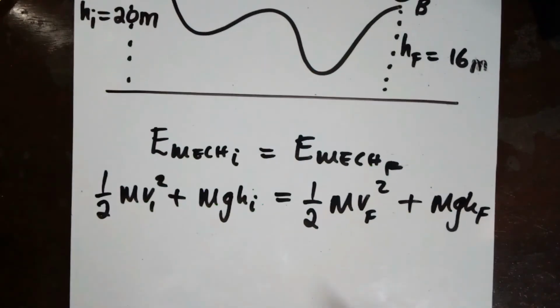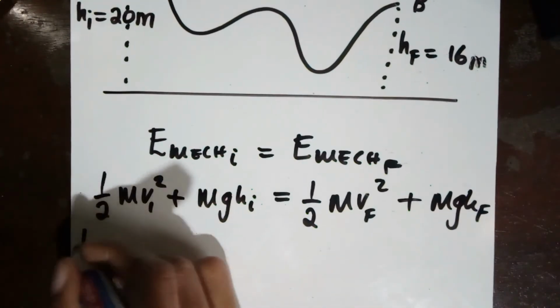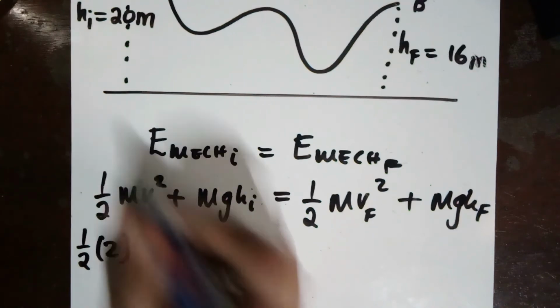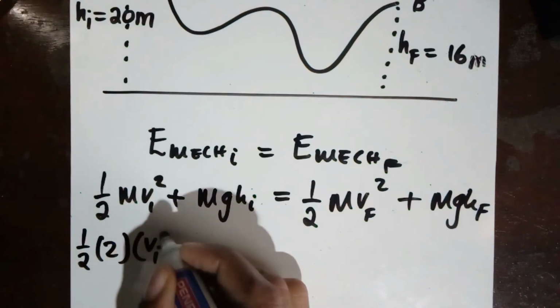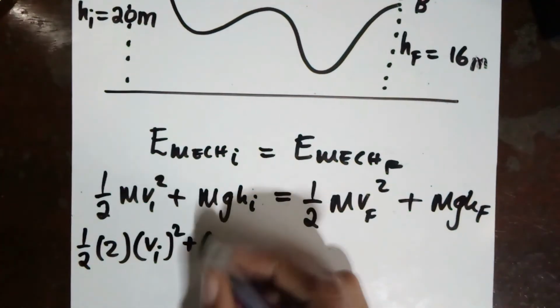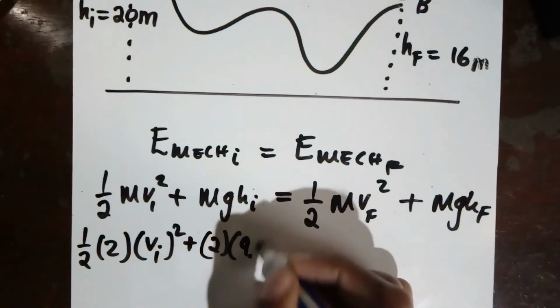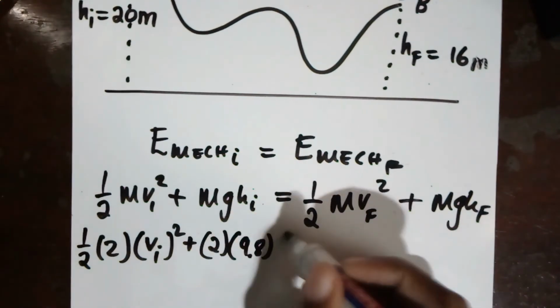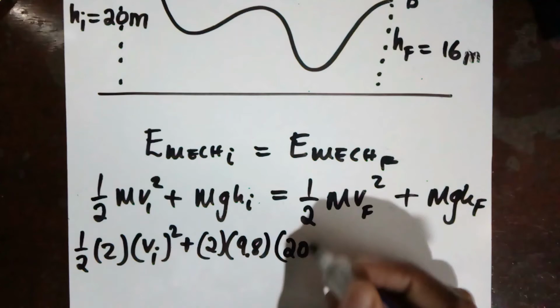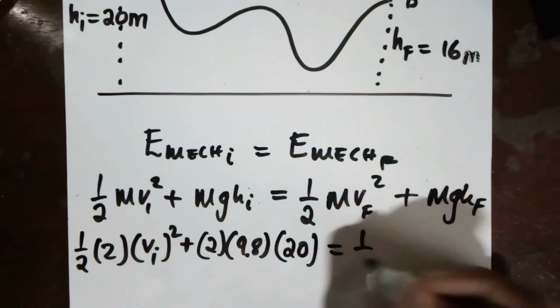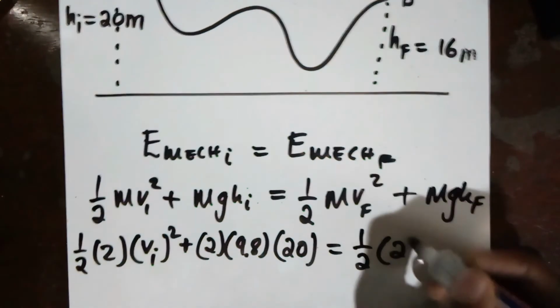And now it's just a matter of substituting everything. So we have a half times 2, and then we don't know what that velocity is, that's what we're calculating. And then we have the mass 2, g is 9.8, it's at a height of 20 meters, which equals a half times 2 kg.